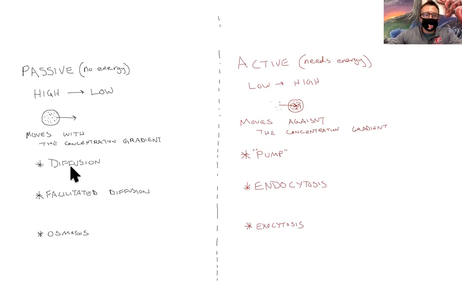So for diffusion, it's the movement of small molecules. So for example, is oxygen a big molecule? No, it's tiny, right? So for example, oxygen is tiny. It's only 2 atoms.